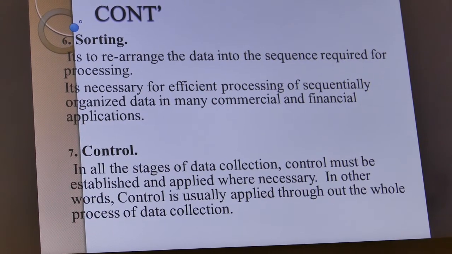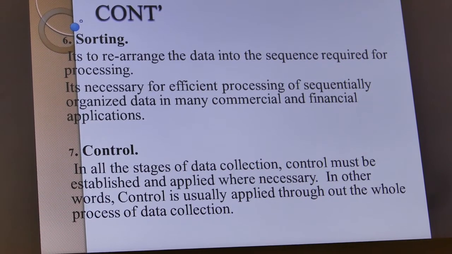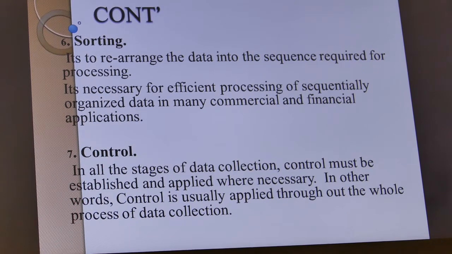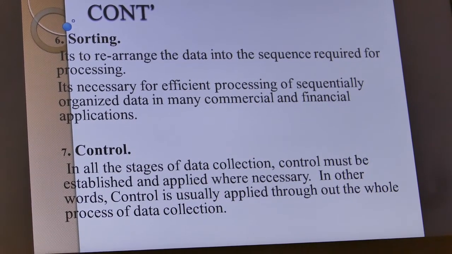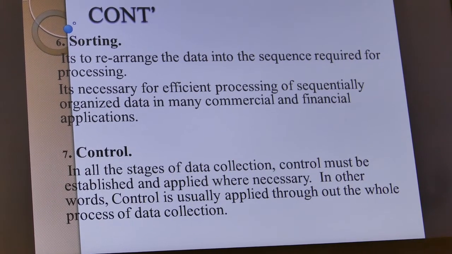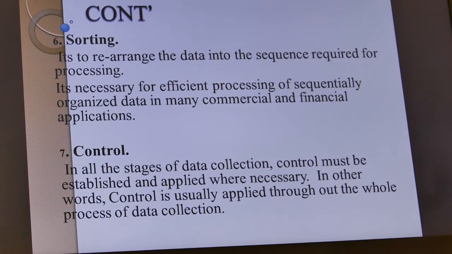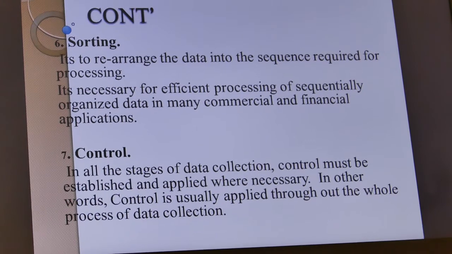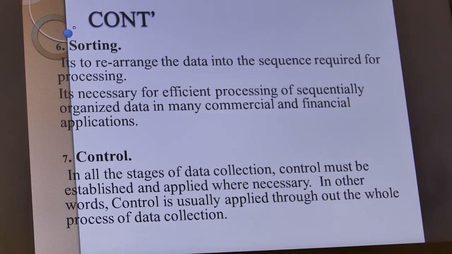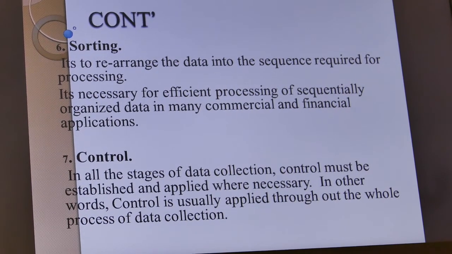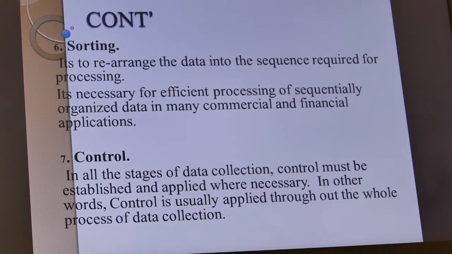Six is sorting. This is rearranging the data into the sequence required for processing, and it is necessary for efficient processing of sequentially organized data in many commercial and also financial applications. Seven is control.